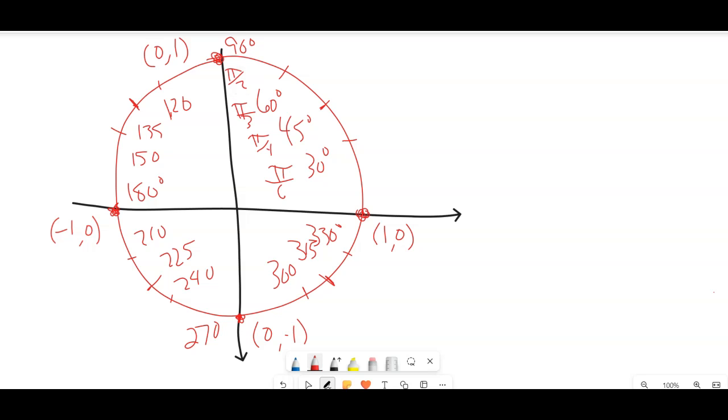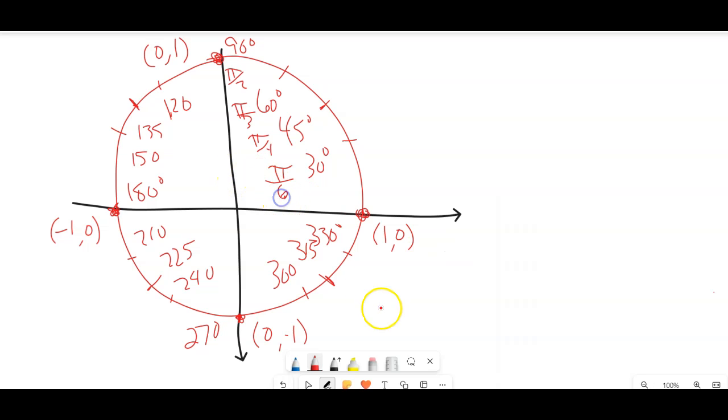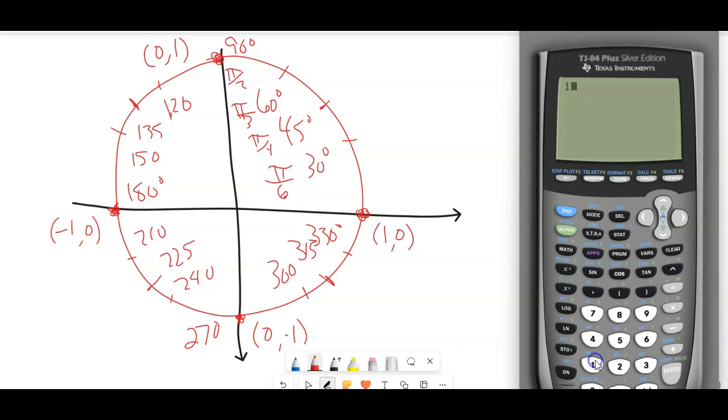Now, going all the way around, one of the things you could do is use your calculator. Remember one of the little tricks I taught you when you have access to your TI and you want to do this radian stuff is to ignore the pi's. This is pi over 6, by the way. So instead of pi over 6, I would do 1/6 and then add that to everything.